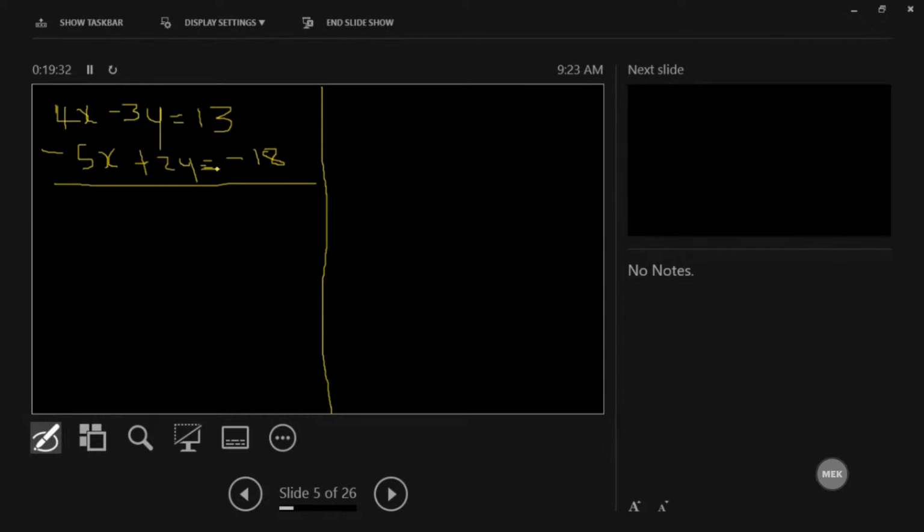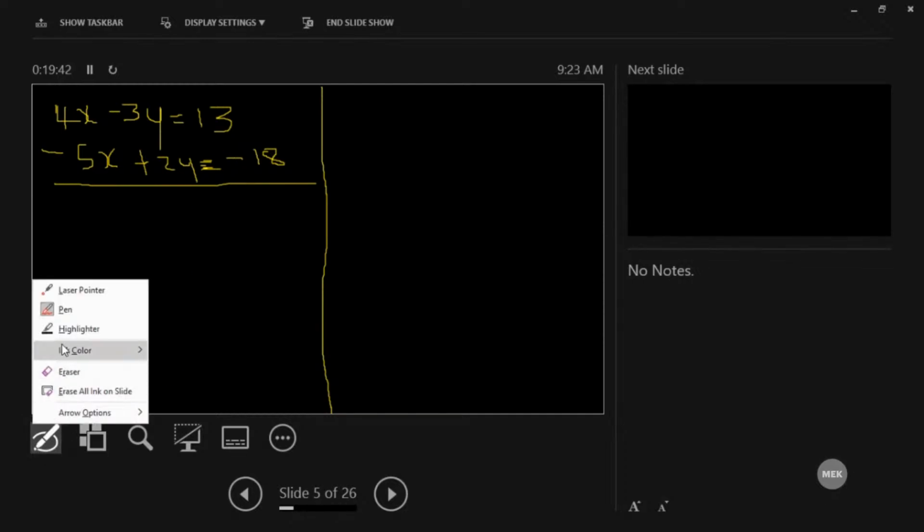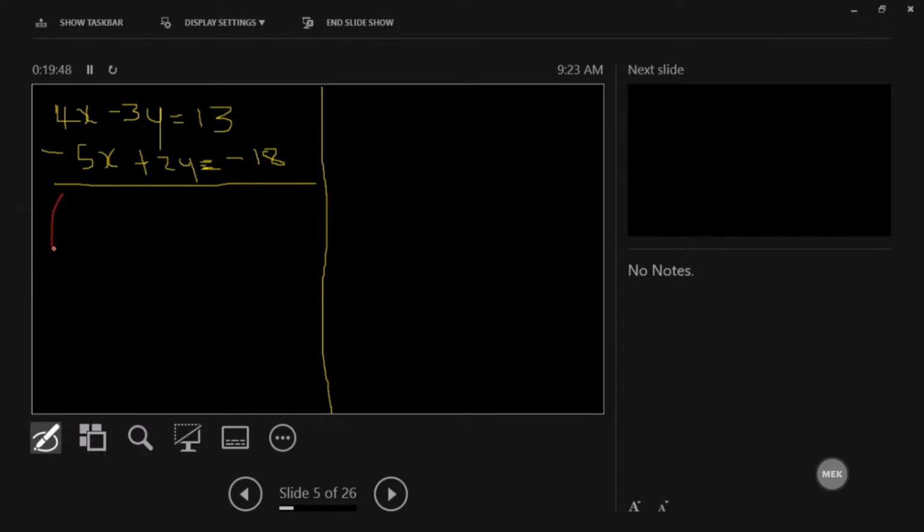All right. So let's put it in matrix form. So matrix form. So that would be 4, negative 3, negative 5, 2, xy equals 13, negative 18.